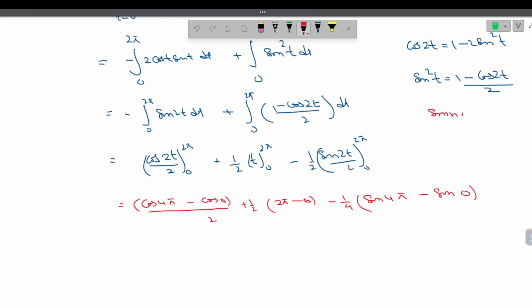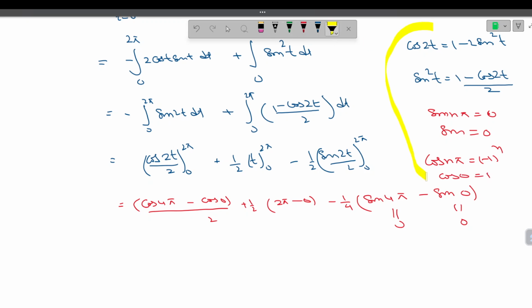You see, sin n pi equal to 0, sin 0 equal to 0. We know that. So this is 0, this is 0. And we know that cos n pi equal to minus 1 to the power of n, and cos 0 equal to 1. These are all you need.